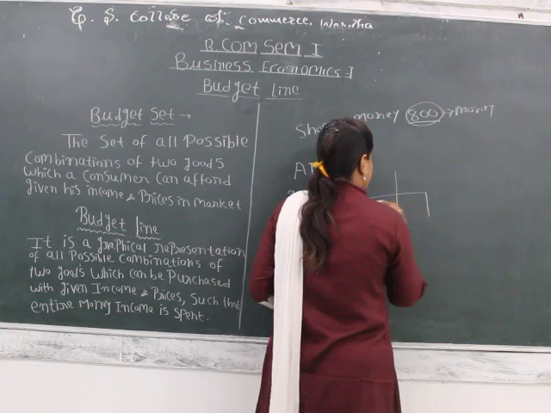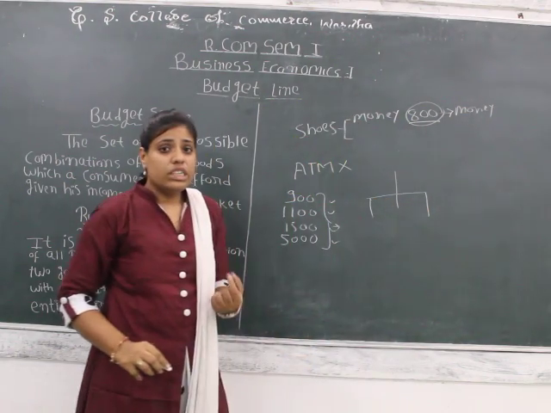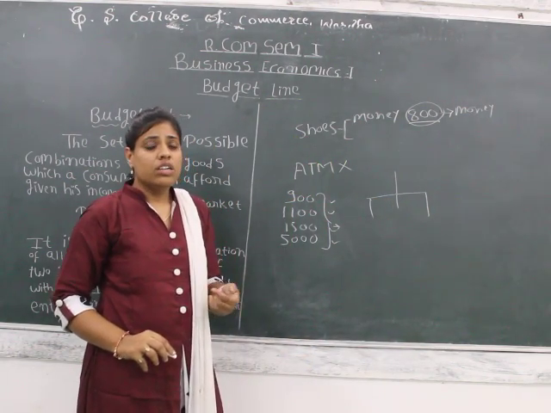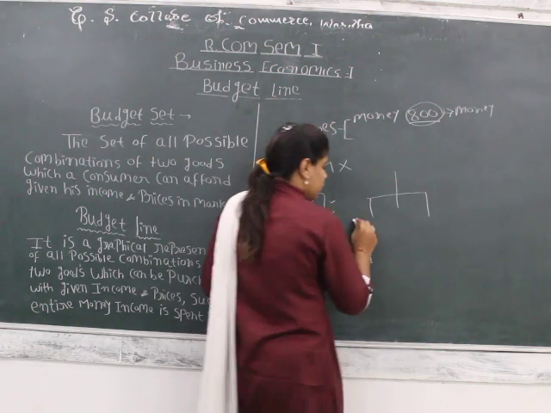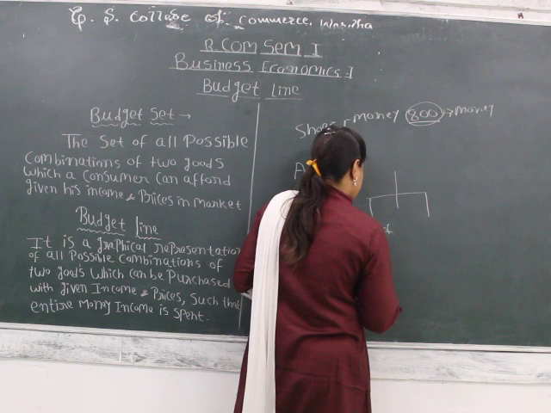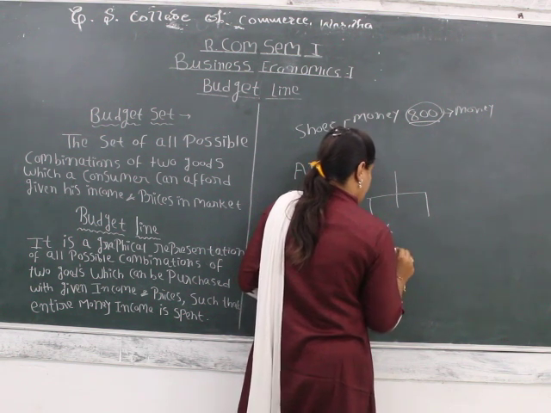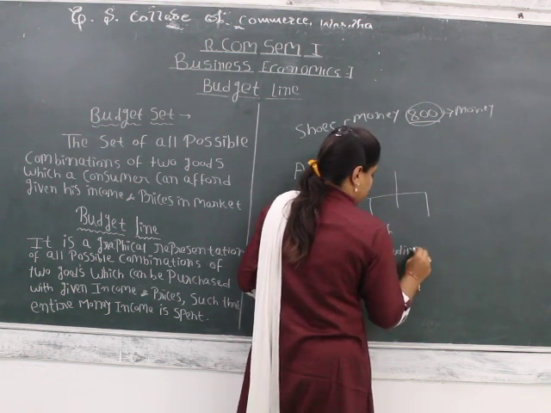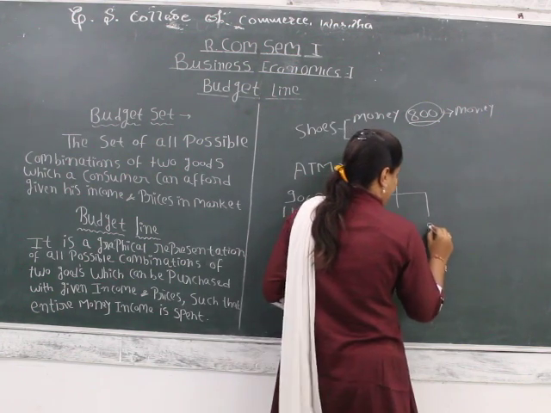When you want to buy any product, you need to take into consideration two things: the price of the commodity and your budget.